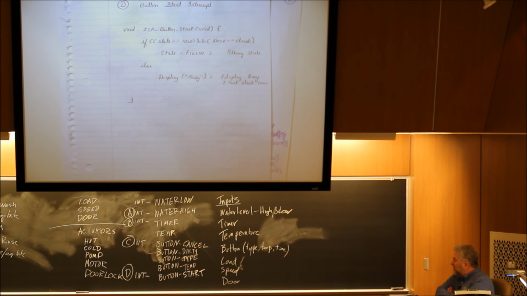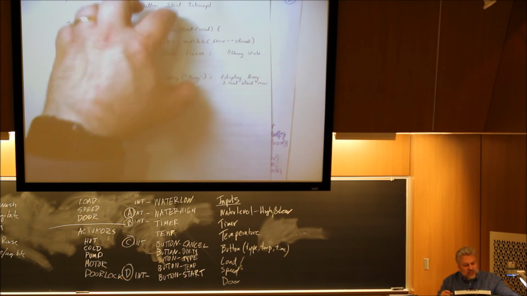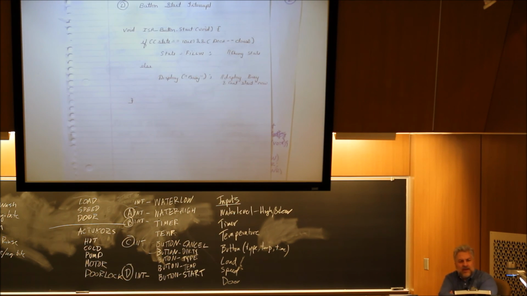For example, one thing that has not been addressed is how long are you going to run wash, depending on those buttons that were pressed. So this is actually the place to be able to do that. You want to interrogate what the buttons are that you pressed.